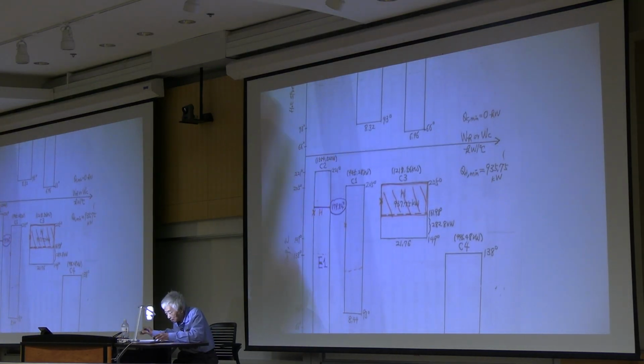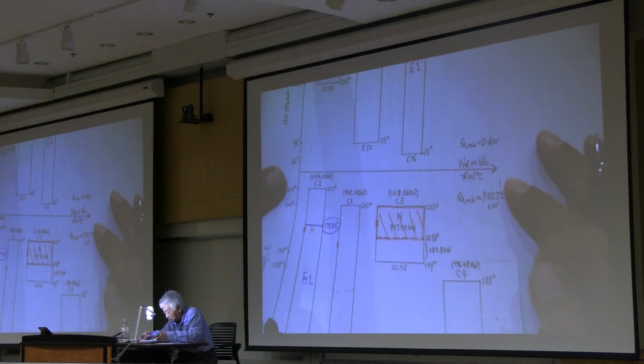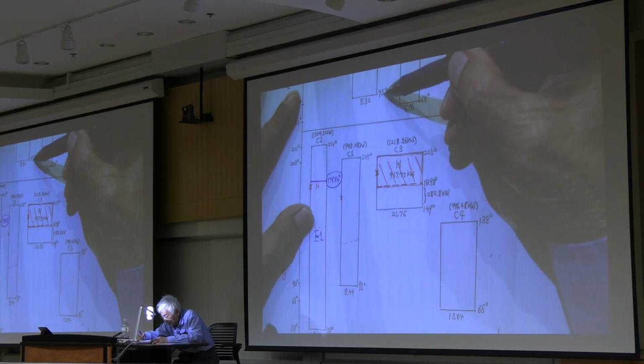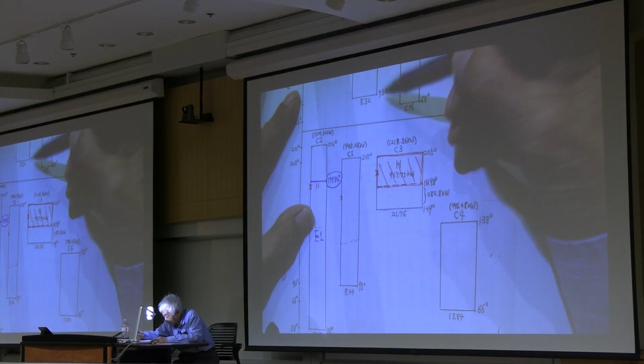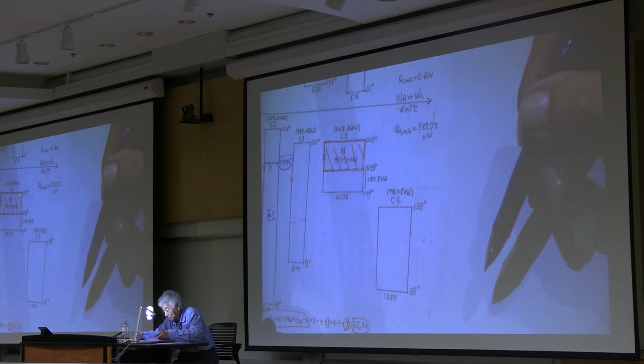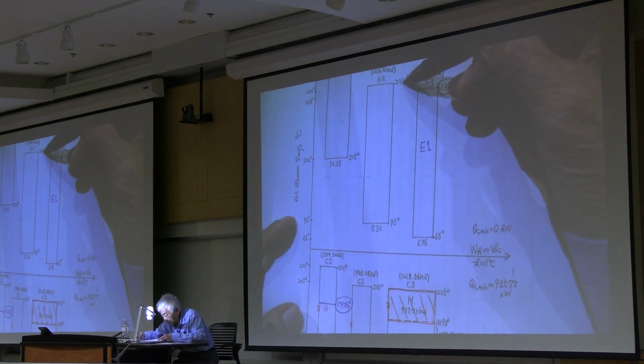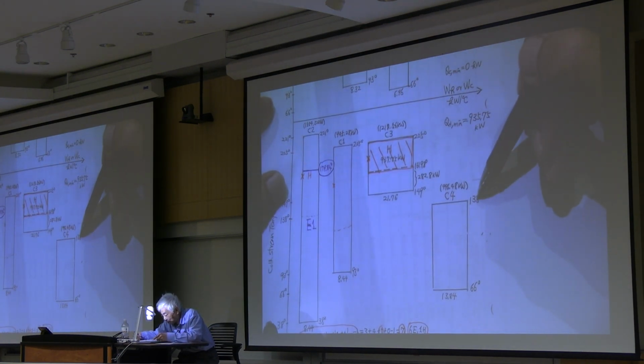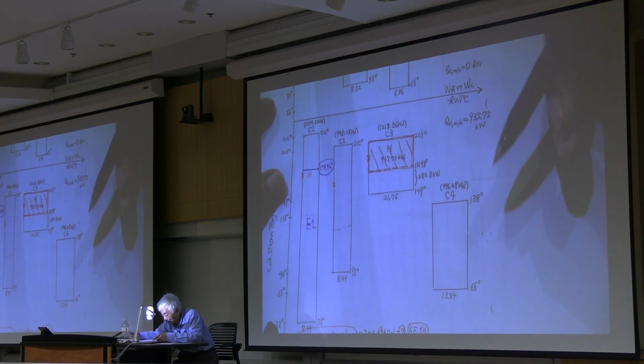So, look at the temperature, 93, 66, more than 11 degrees delta T min. 244, 138, more than 11 degrees.